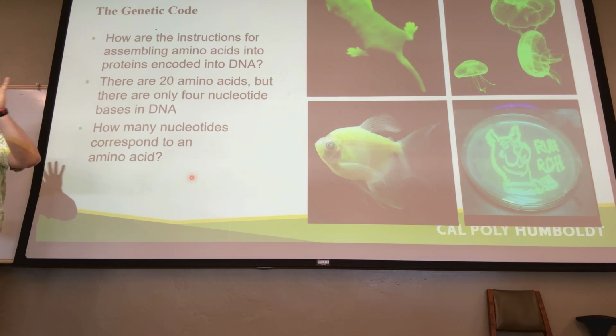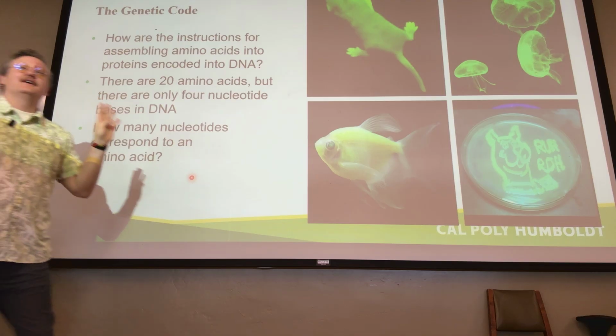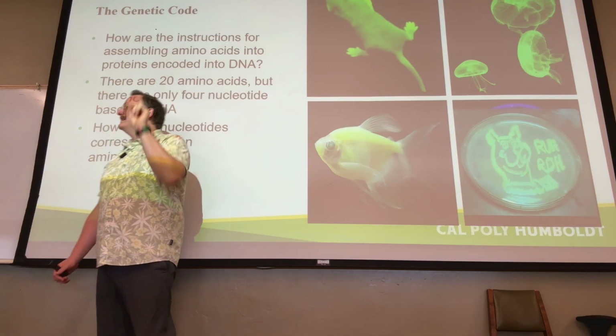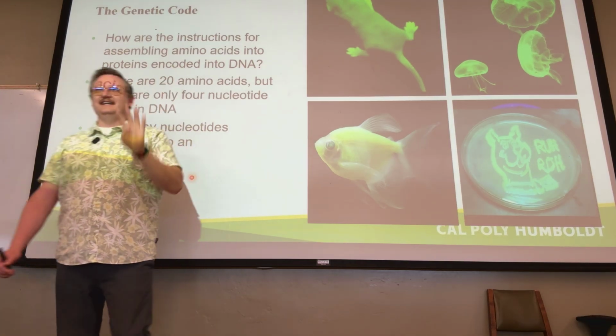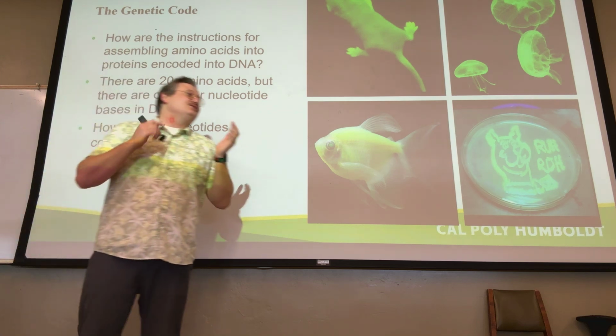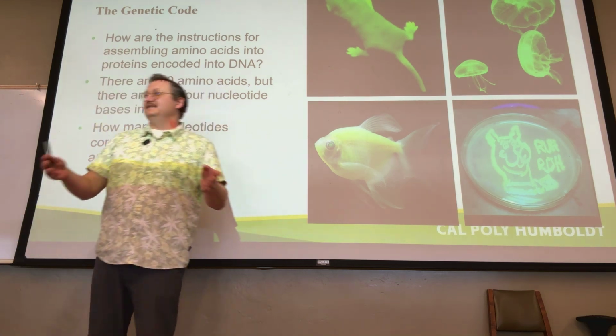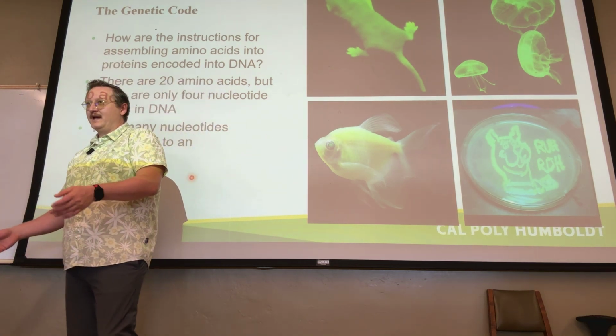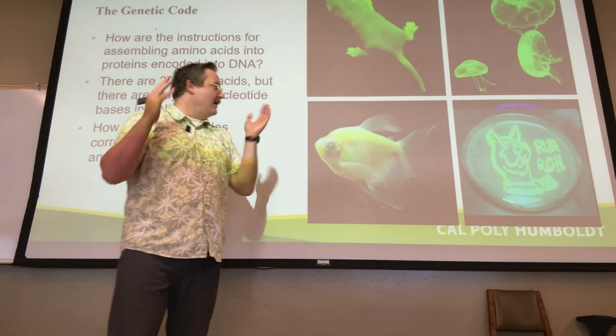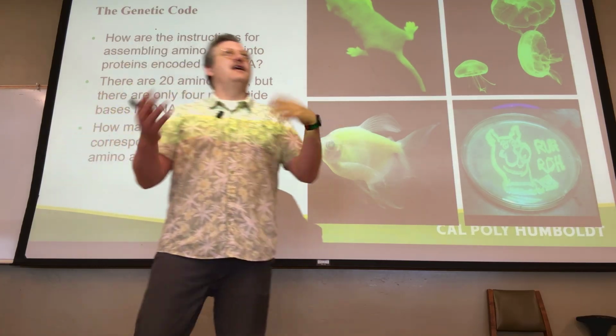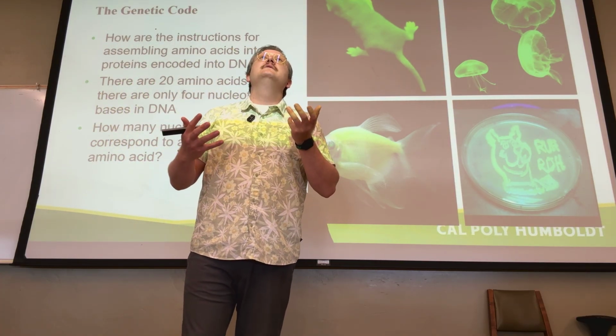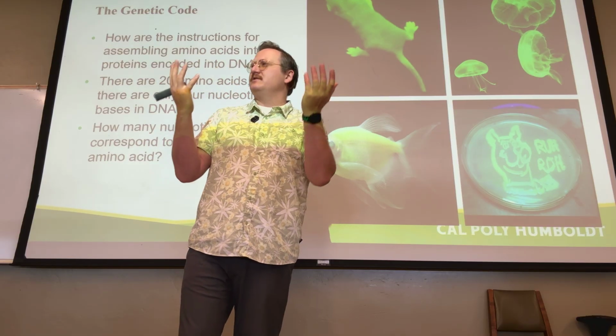DNA. There are 4 possible nucleotides, A, T, C, or G. RNA. There are 4 possible nucleotides, A, U, C, and G. There are 20 different amino acids, all right? But DNA and then RNA encode these proteins.